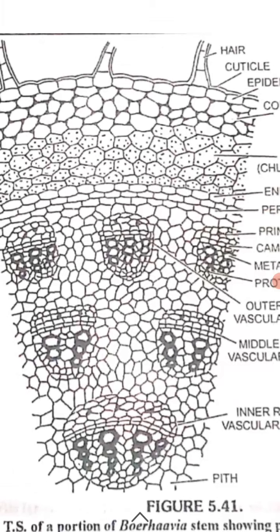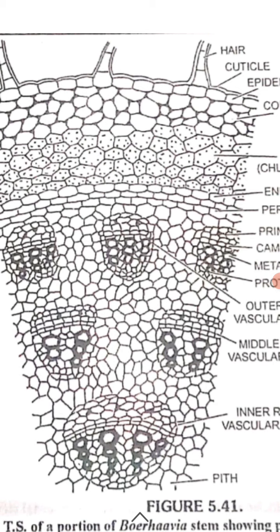The primary structure of Boerhaavia stem shows outermost single-layered epidermis, which is followed by the hypodermis. The hypodermis is made up of a few layers of collenchymatous cells.